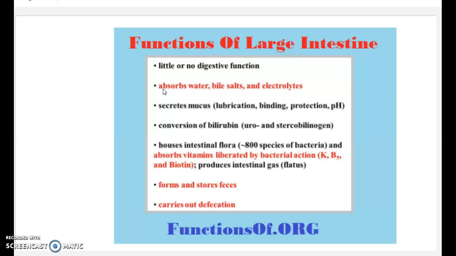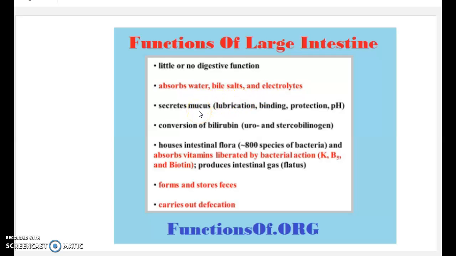Number one, the large intestine absorbs water, and it also absorbs the bile salts which are present in the bile, and electrolytes. These three things are absorbed by the large intestine, and after absorption it sends them back into the blood.